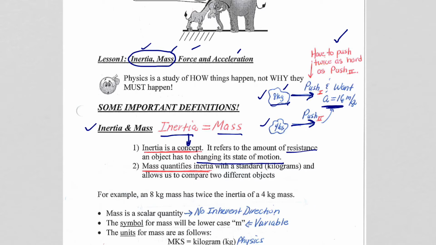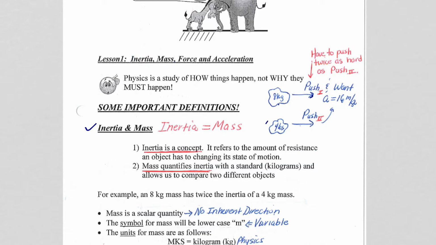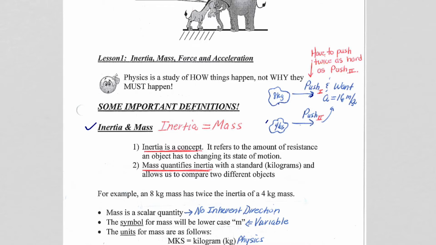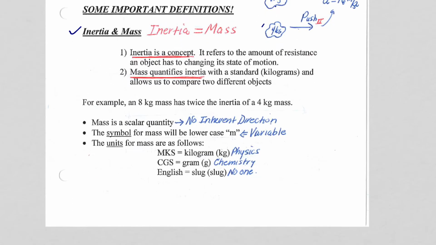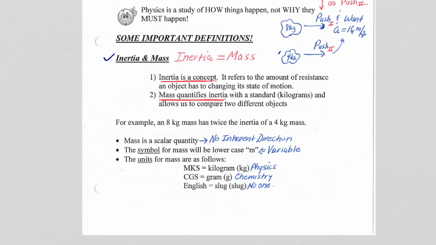Okay, let me clean this up a little bit. All right. Let's see what else. Mass is definitely a scalar quantity. When you were in chemistry class, you never weighed out something and said, that's 3 grams north, right?